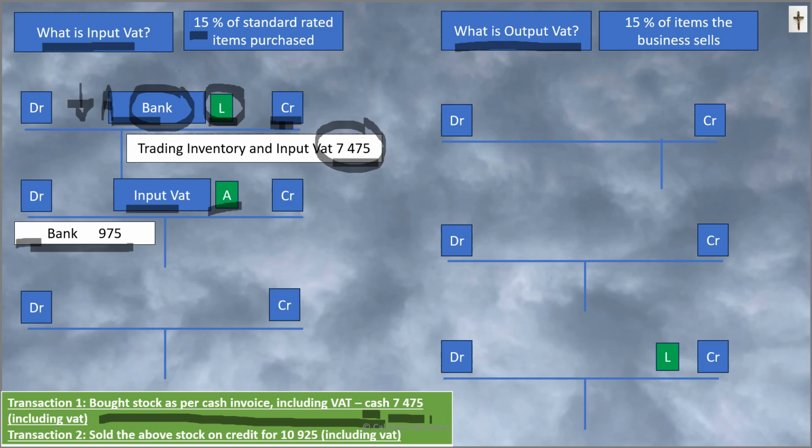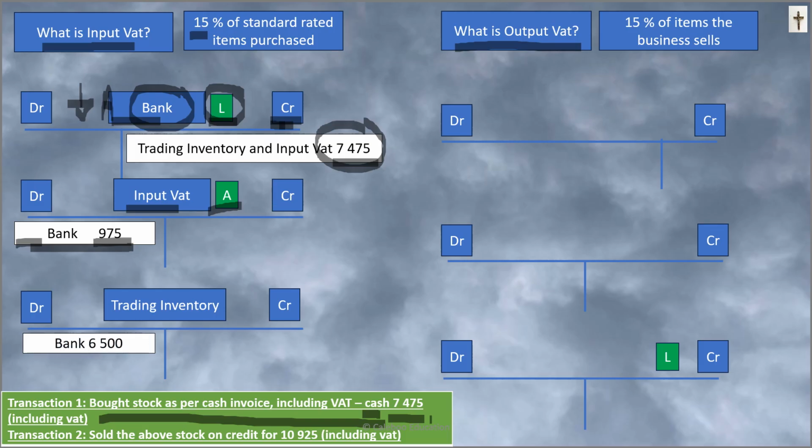So we can claim input VAT, and I will show you how to calculate that 975 towards the end of the slide, and in the calculations I will show you how to calculate all VAT amounts.